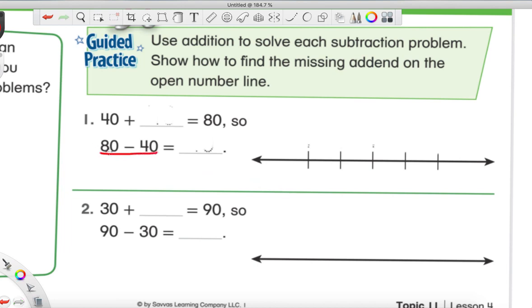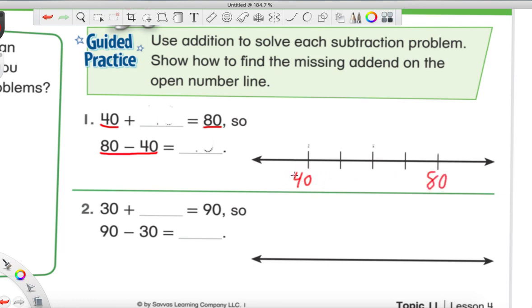Since 80 is our total, that went at the end of the addition sentence, and 40 is the part, so that goes at the beginning. Just how you see the numbers in the addition sentence is how we're going to set up the numbers for our number line. So we start with 40 on the small end, and then 80 at the big end. And then we're just counting on by tens to fill in the gaps.